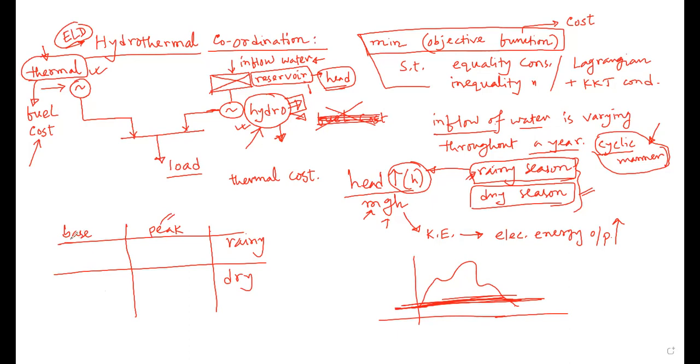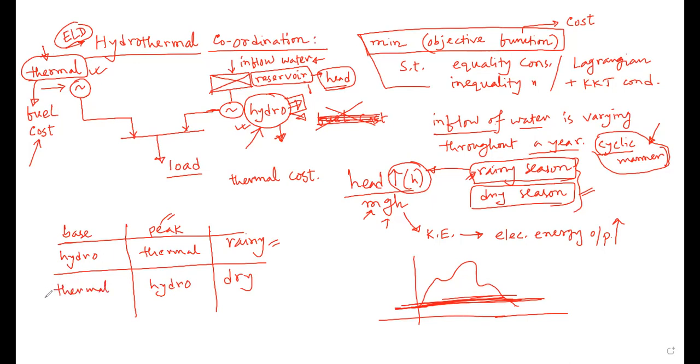So for the base load in the rainy season, because the hydro unit availability is higher, you run the hydro units as your base units, and as the peak generating units you will use the thermal. On the other hand, during the dry season, you go for the reverse case because you have less hydro, so you reserve it for the peak operation, and the thermal unit you run as the base unit.